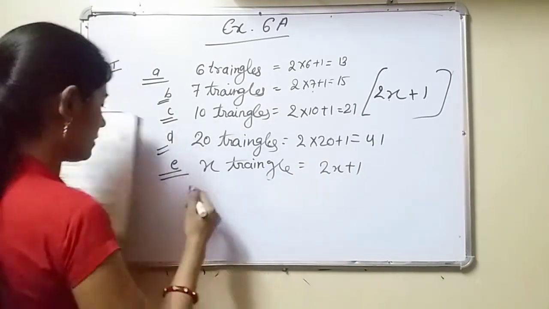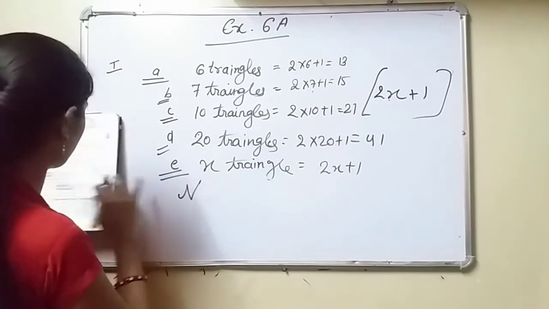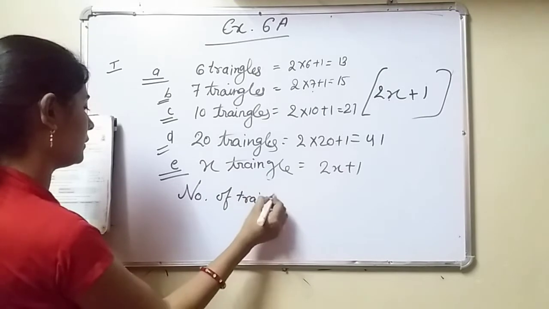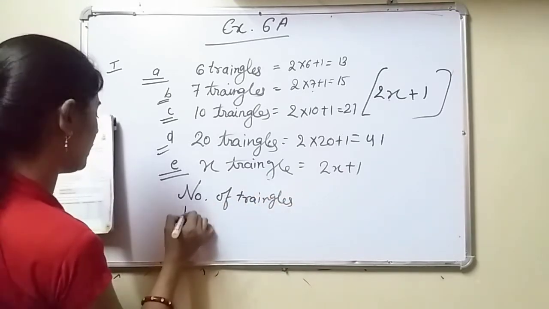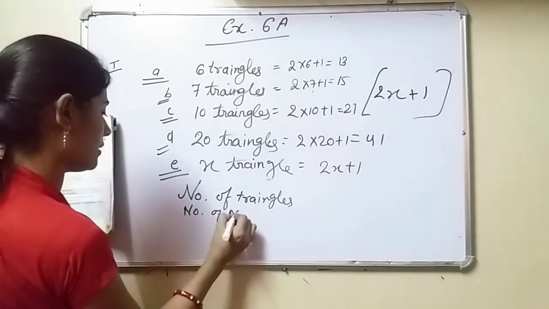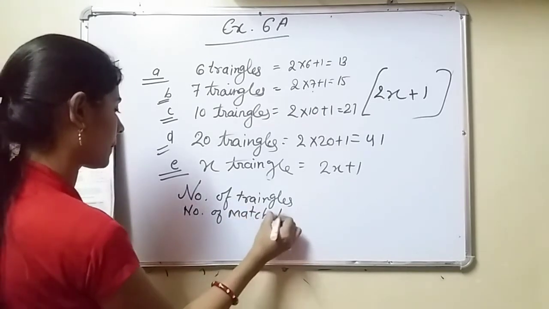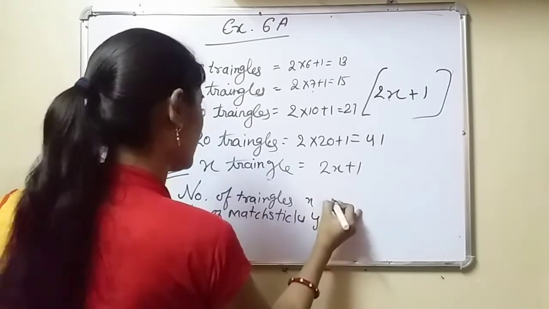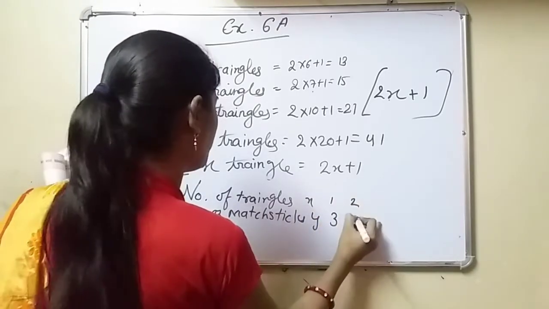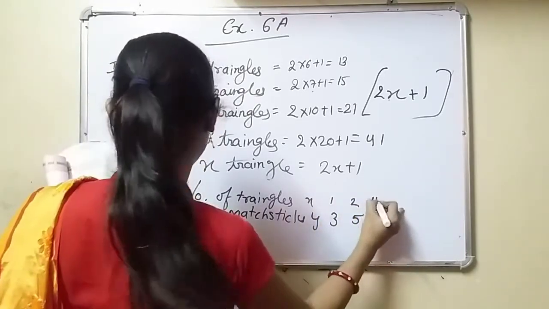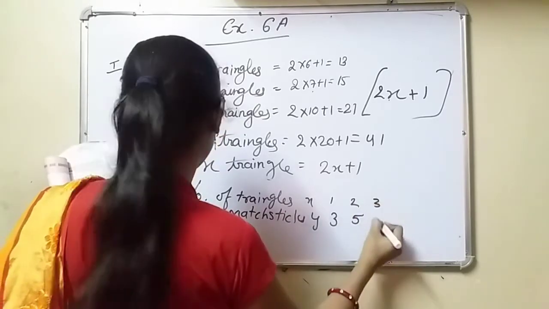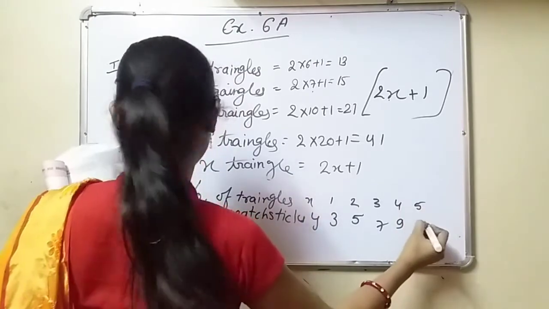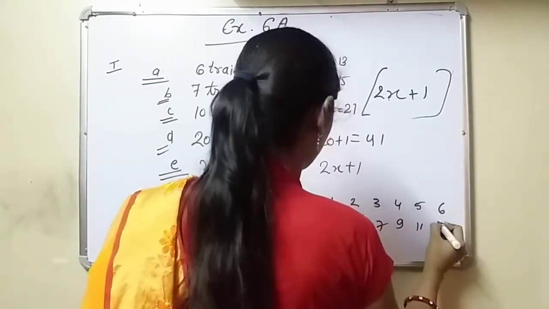Next, in the next column, number of triangles and number of matchsticks. x, y: 1, 3; 2, 5; 3, 7; 4, 9; 5, 11; 6, 13.